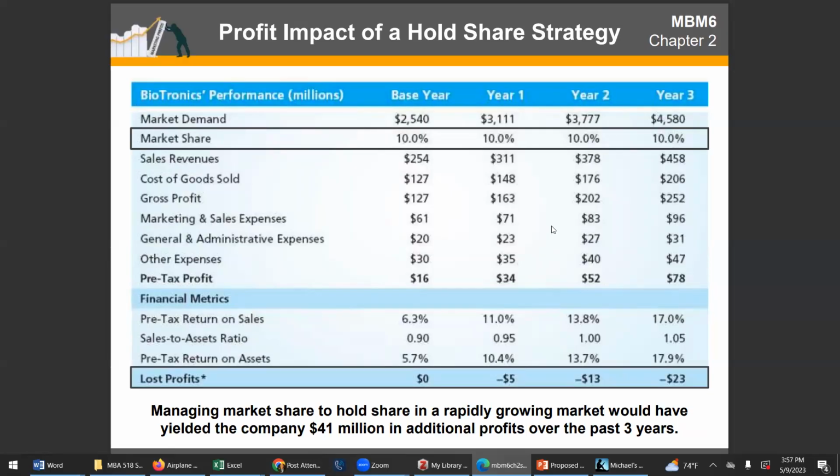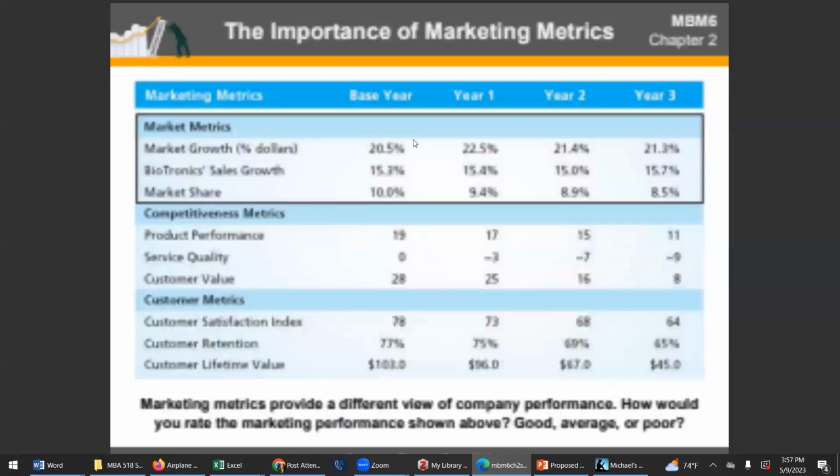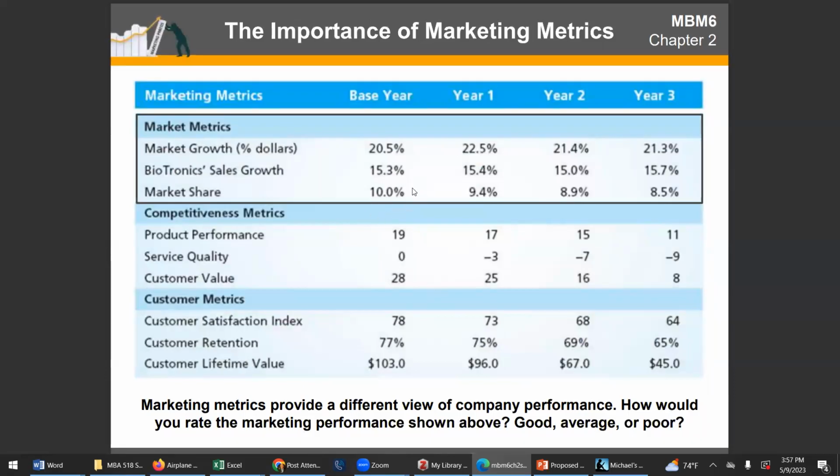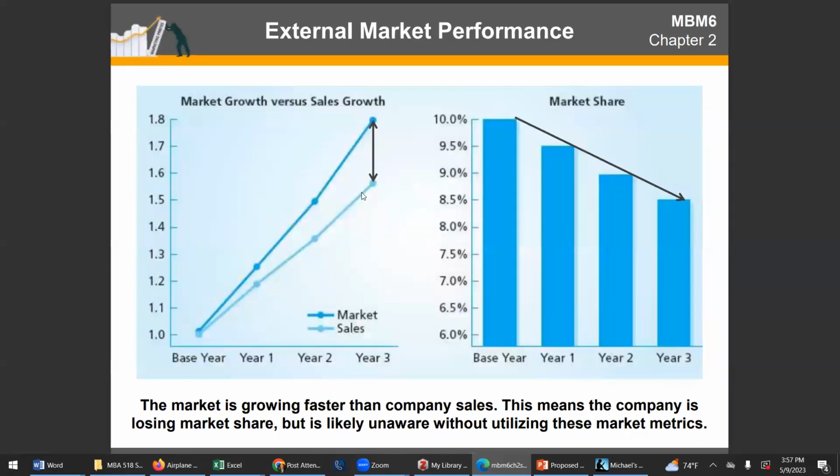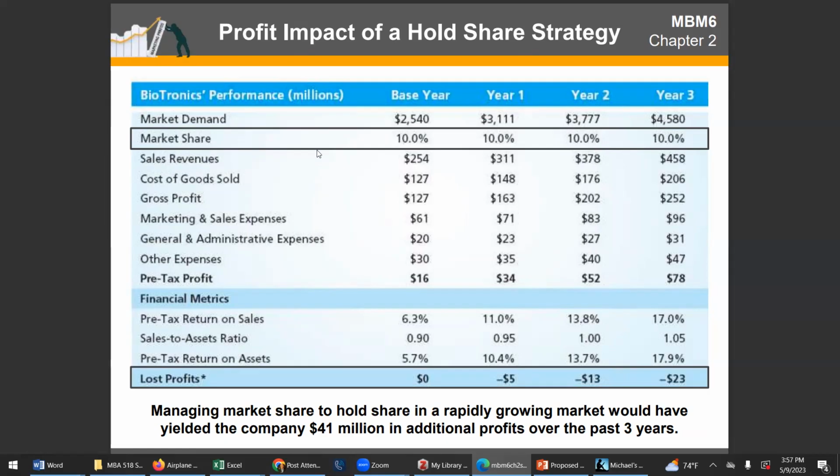Now, here, what we're saying is, if we indeed, as Biotronics, could retain the 10% market share that we had in our base year, remember if we go back, we had a 10% market share in our base year, and that's depicted here.